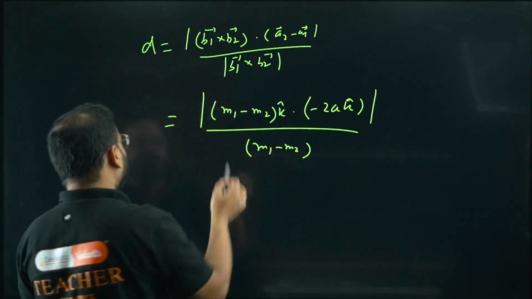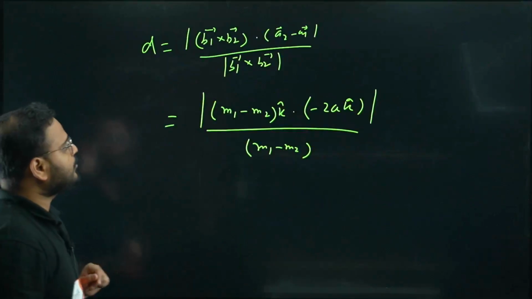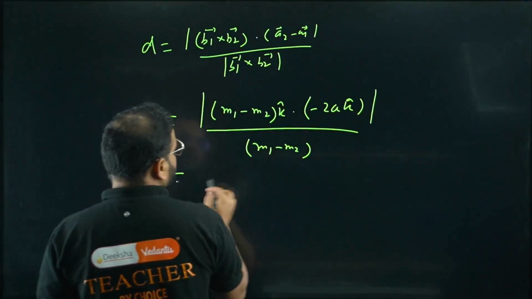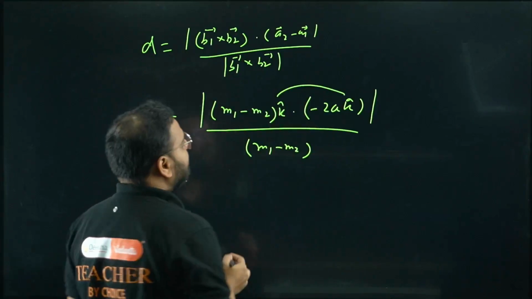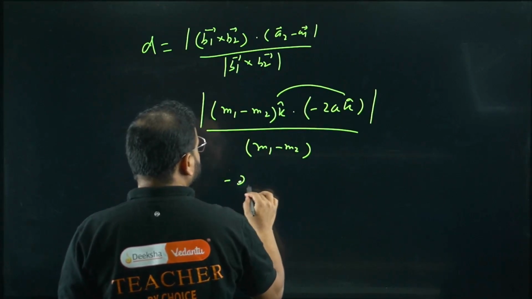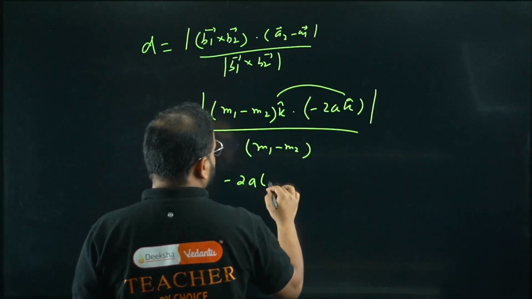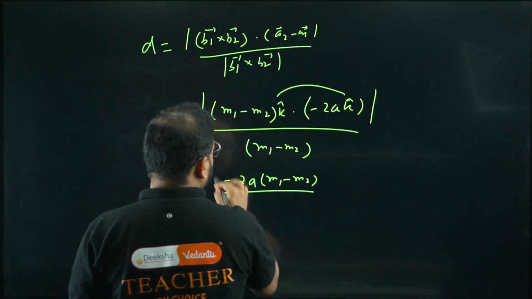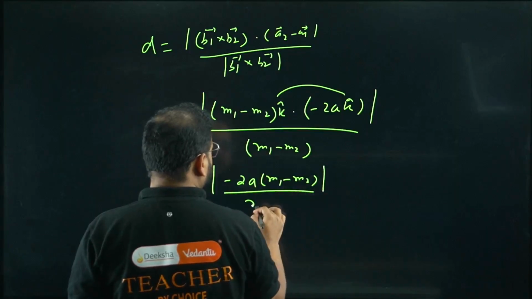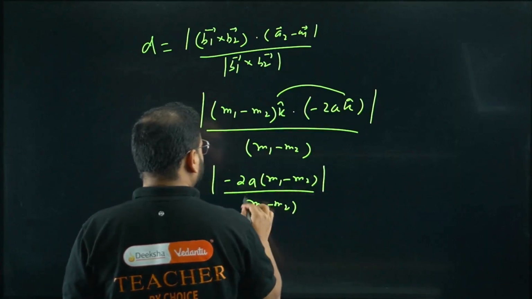Remember this, mod of b1 cross b2 came as m1 minus m2, okay? So if you multiply them, what are you gonna get? Please check here. Dot will become, k dot k will be again 1, right? And we'll have over here minus 2a m1 minus m2, okay, divided by, of course there's a modulus over here, and m1 minus m2, okay?